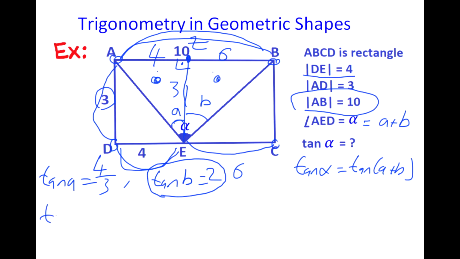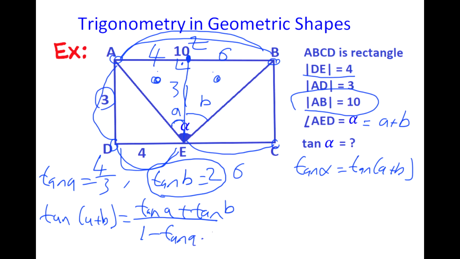Anyway, let me write what is tangent A plus B, guys. If you remember, it was tangent A plus tangent B divided by 1 minus tangent A times tangent B, guys.